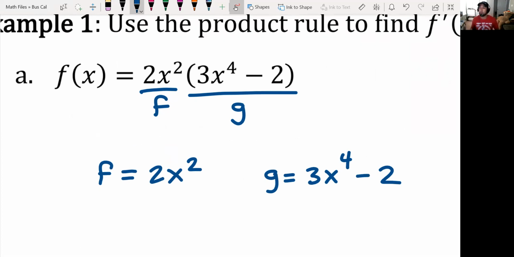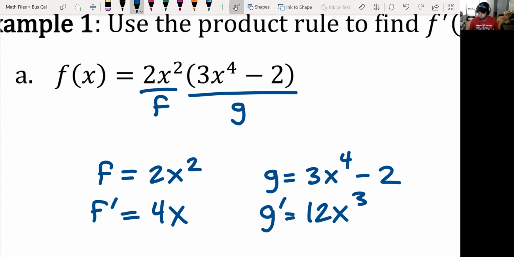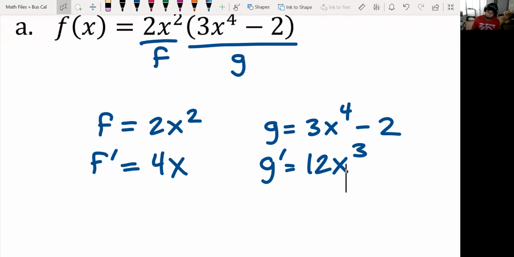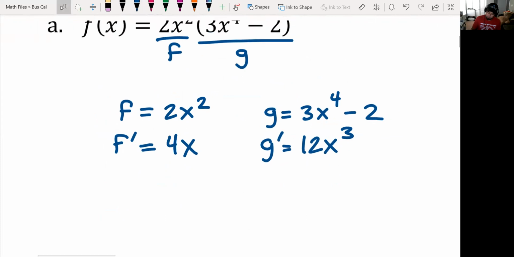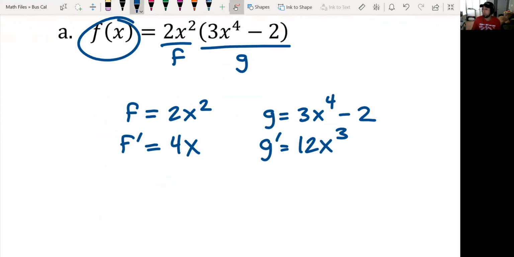Now, in order to fulfill the formula, we need to take the derivative of f and the derivative of g. So the derivative of f, the derivative of 2x squared, is 4x. The derivative of g is 12x cubed. And now remember that we are taking the derivative of f of x, so we rewrite that here.